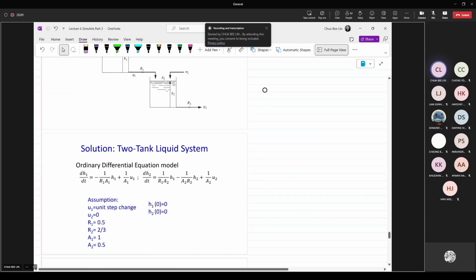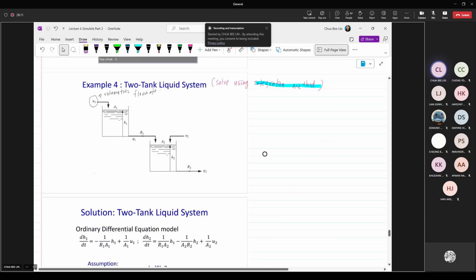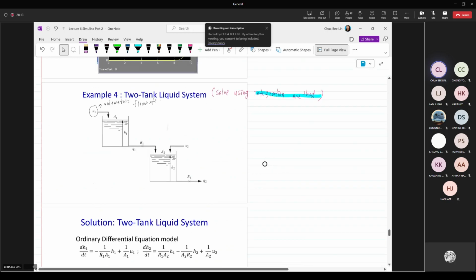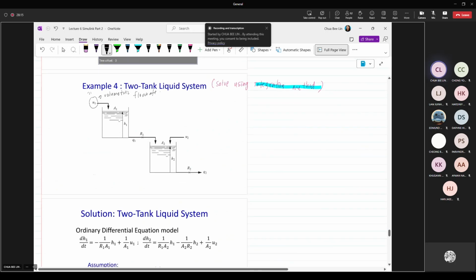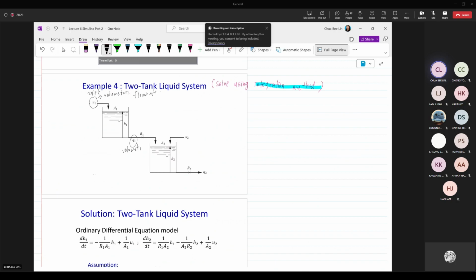I believe it is the volumetric flow rate. Okay. So this is the inlet volumetric flow rate. This is also a volumetric flow rate. This is the exit volumetric flow rate for tank 1. And this is the exit volumetric flow rate for tank 2. And this is also a volumetric flow rate.